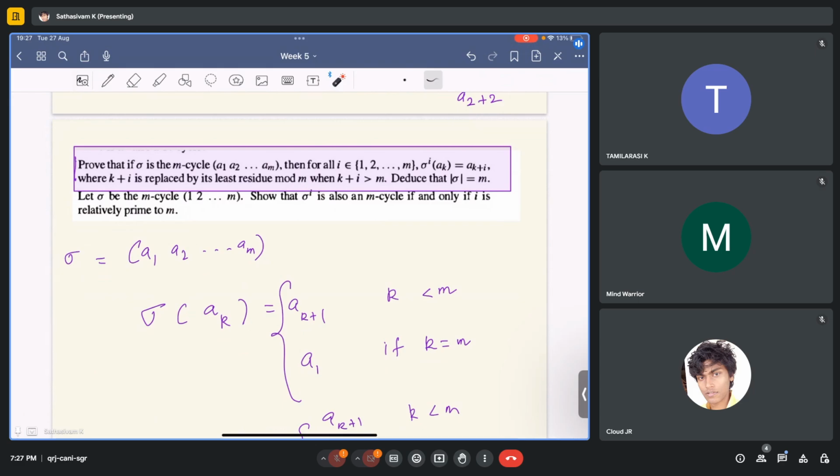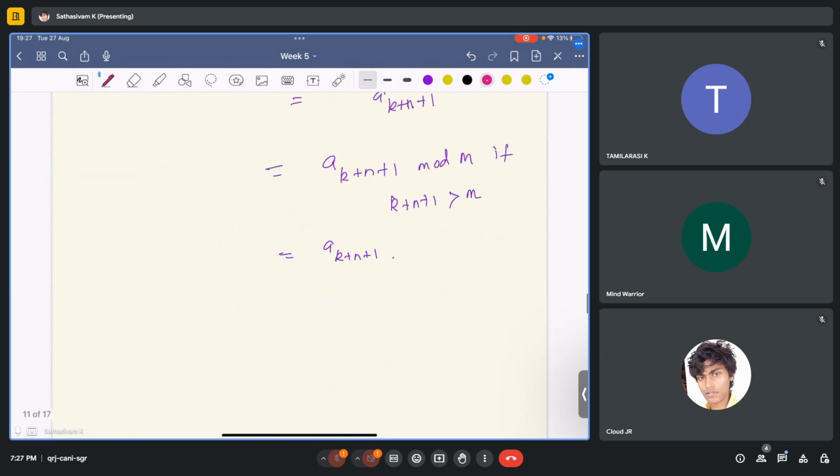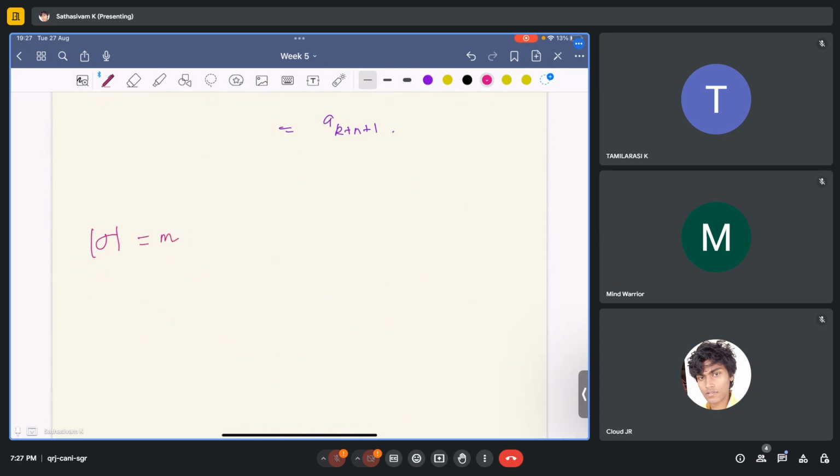Before that, we still haven't proved this part, right? What we have here is to deduce that the order of sigma is m. So let's prove this again. I want to prove that the order of sigma is m.